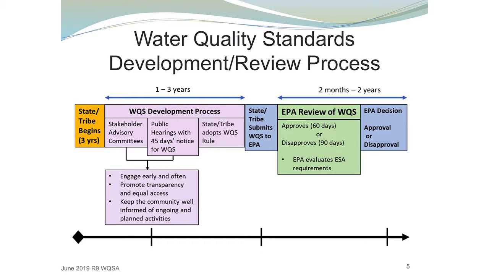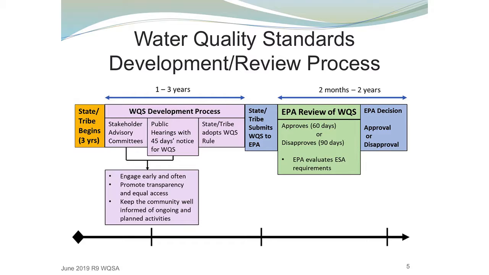I know I was snarky, I apologize. But EPA has this vision that things are going to happen every 3 years: stakeholder action committees, public hearings, adoption, submit to EPA. And then EPA has 2 months to 2 years to approve.